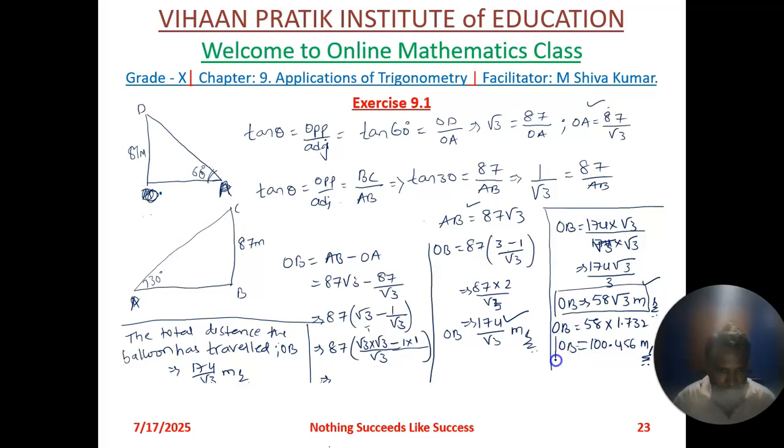So for OB we can have three different answers. The three different answers are 174 by root 3, or 100.456 meters, or 58 root 3.